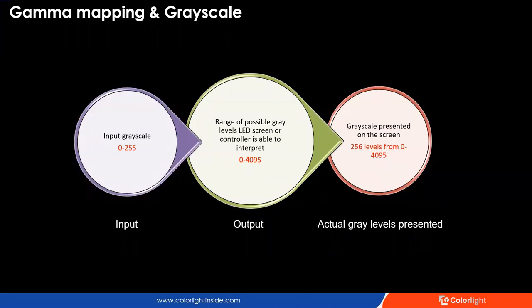It doesn't matter how many output gray levels we set. The gray levels actually presented on the screen will still be 255 if the input is 8-bit. The LED screen itself cannot represent more gray levels than the source. So now you would understand that 18-bit color branded in the industry is actually a marketing term, because most driver ICs only support 16-bit gray levels.